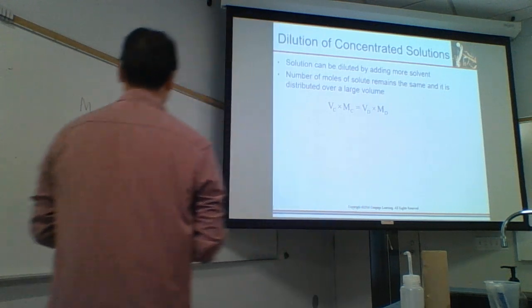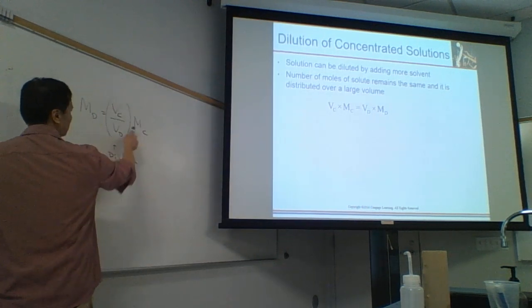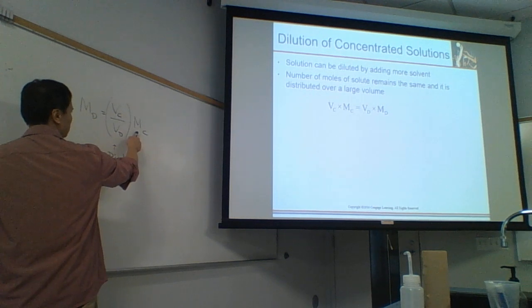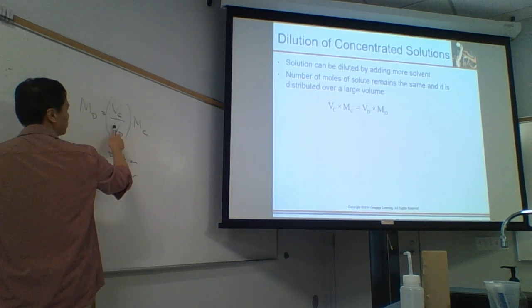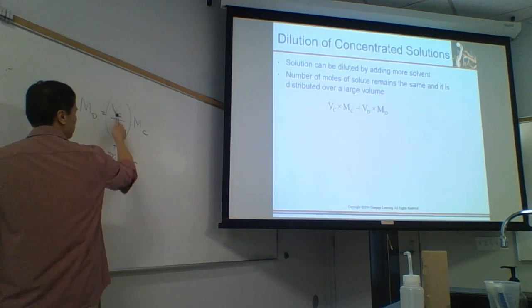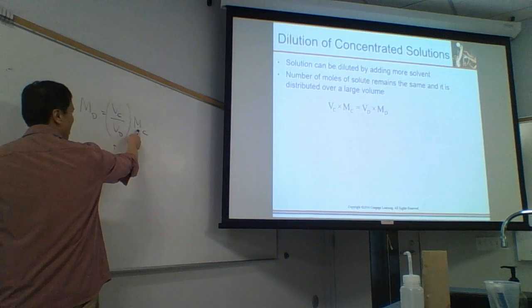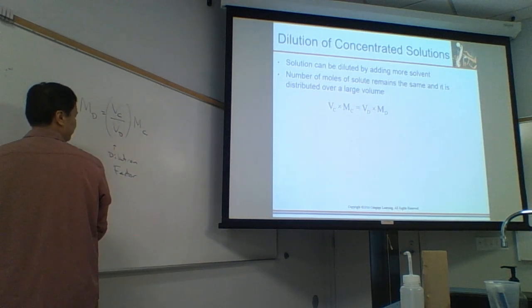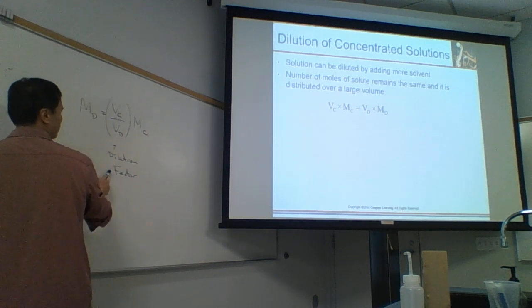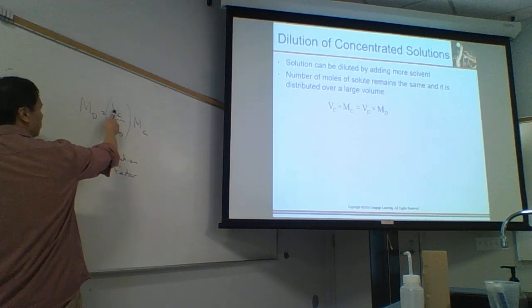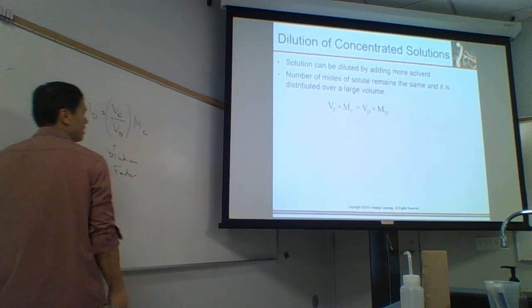A 1 to 10 dilution is going to give me 1/10 of the concentration. Or a 1 to 2 dilution: I take one part of concentrated and dilute it to 2 parts total. A 1 to 2 dilution gives us 1/2 the original concentration. So this is why I call it the dilution factor. The dilution factor is one part of the original over how many parts final.